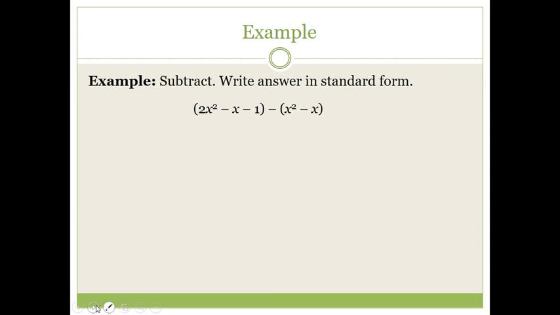All right, so let's go ahead and subtract this polynomial. Your first step is you're going to want to remove those parentheses. Notice that we don't see the 1 here, but there's an implied negative 1. So to get rid of these parentheses, I have to distribute that minus sign, or distribute a negative 1 to both of these terms.